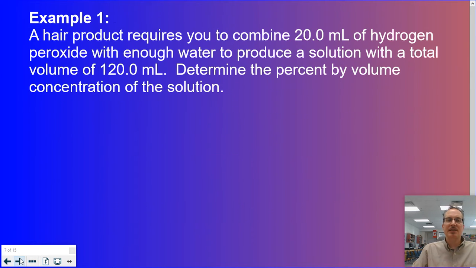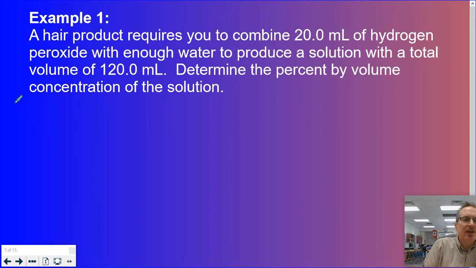Okay, let's give this a try and get started. If we look at example 1, a hair product requires you to combine 20 milliliters of hydrogen peroxide with enough water to produce a solution with a total volume of 120 milliliters. Determine the percent by volume concentration.